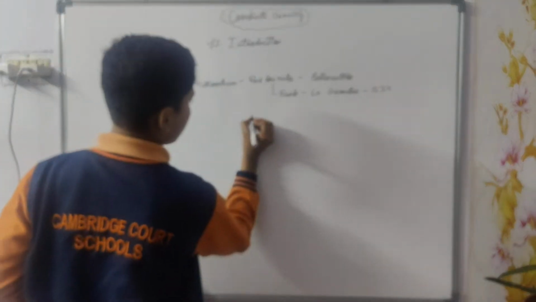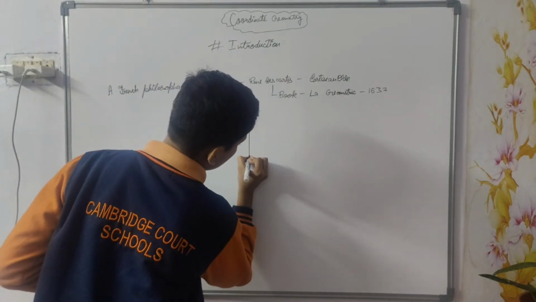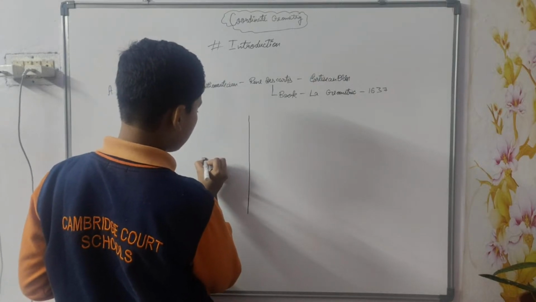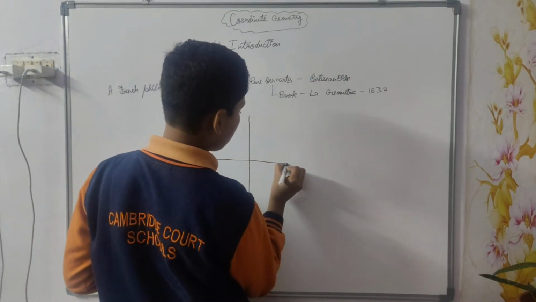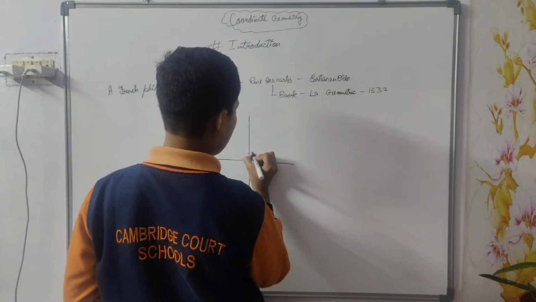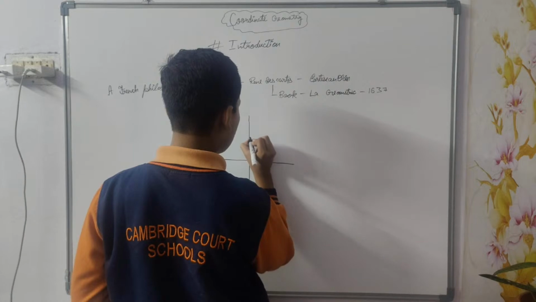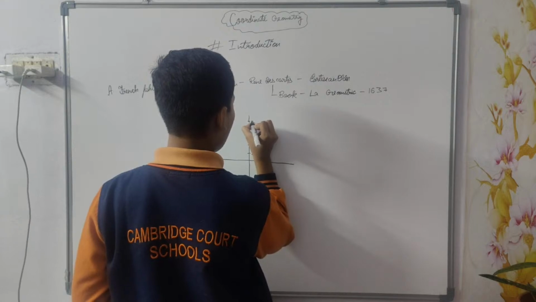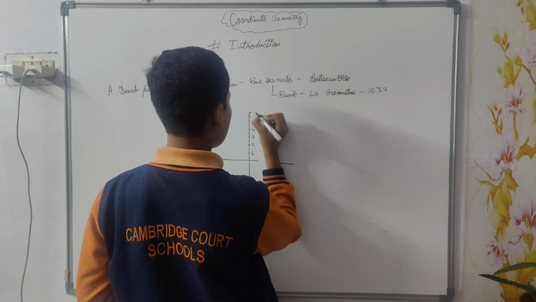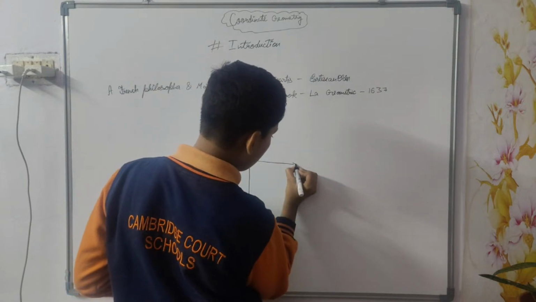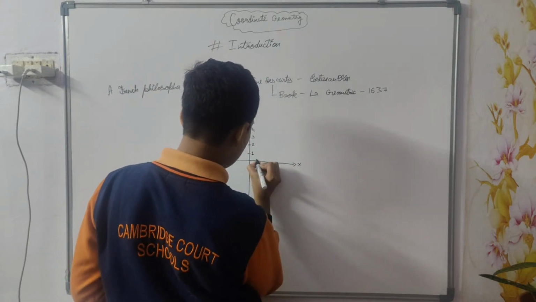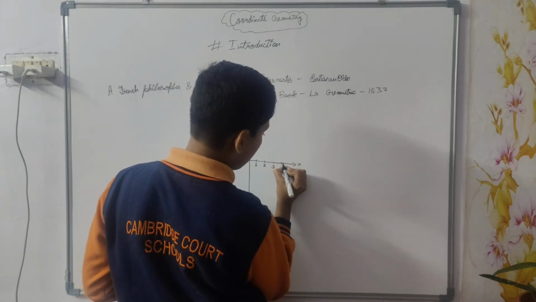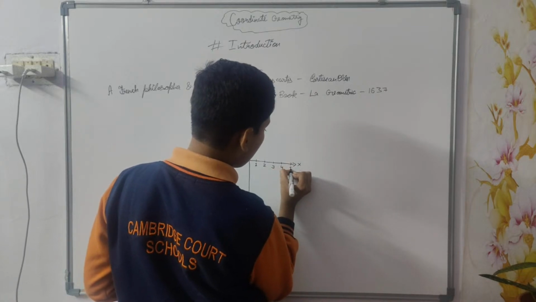So let's come to our first question. This is a Cartesian plane. 1, 2, 3, 4, 5. This is the y-axis. X-axis: 1, 2, 3, 4, 5.